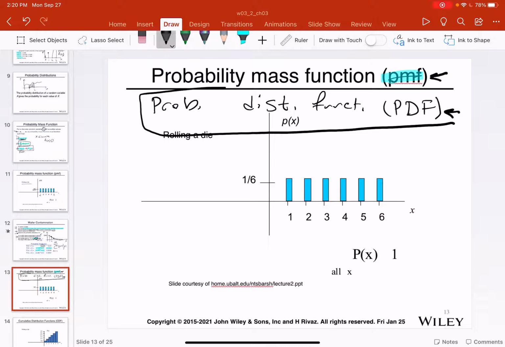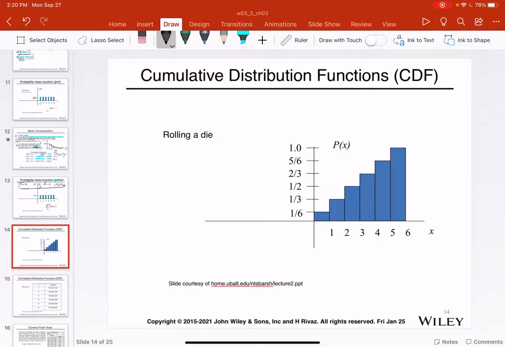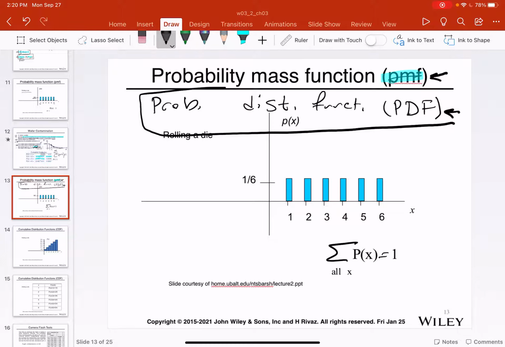So basically here, the summation of P of X for all X is 1. The next concept that we are going to introduce is the CMF, cumulative mass function. Let's look at basically the same experiment. I'm rolling a die.